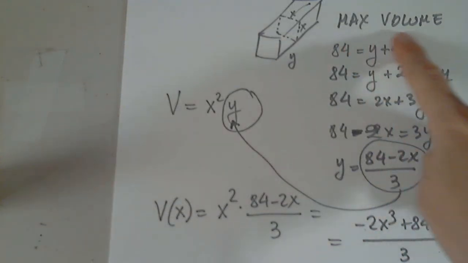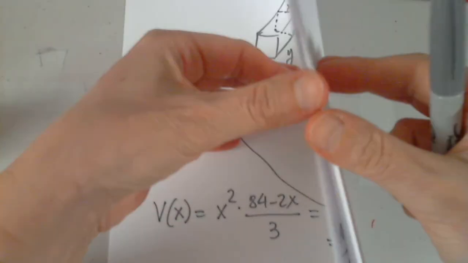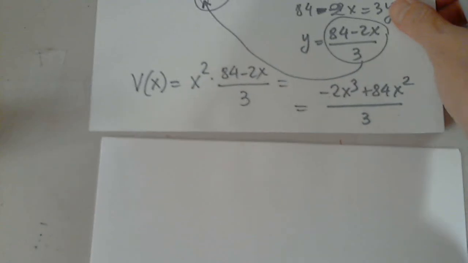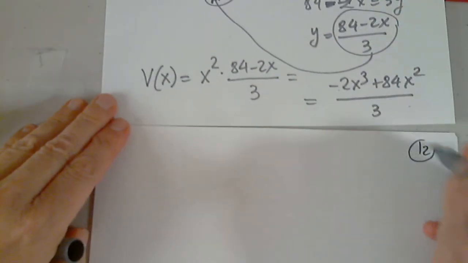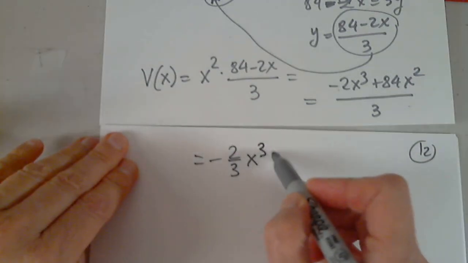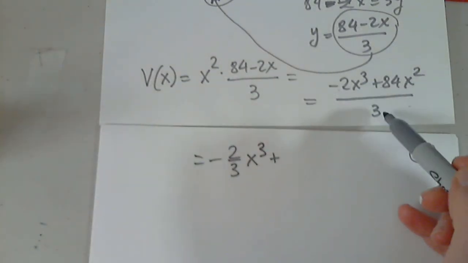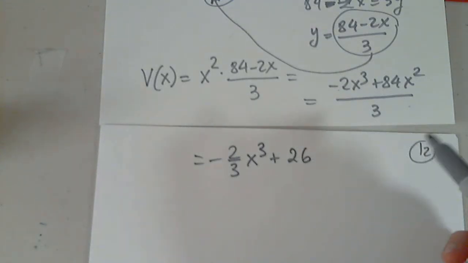I am asked to find the maximum volume, so I will find the derivative of this function. I will separate it first into two fractions, like negative 2/3 x cubed plus 84 divided by 3 is 28. Is that correct?